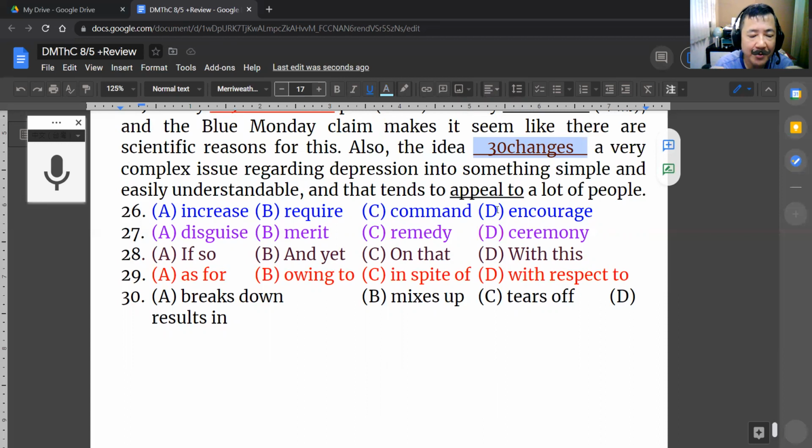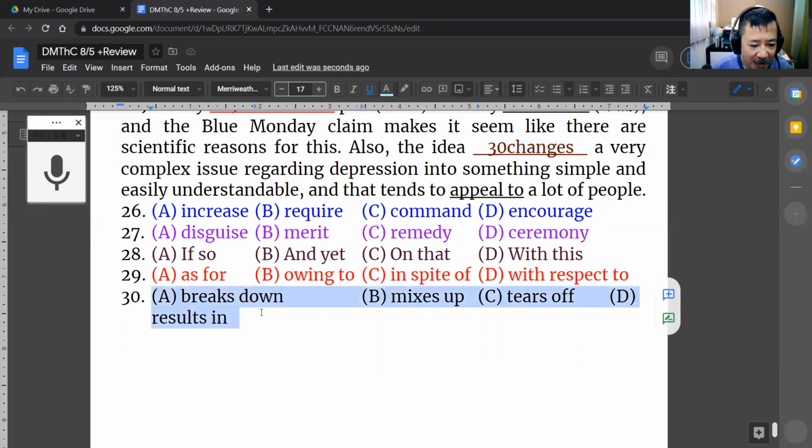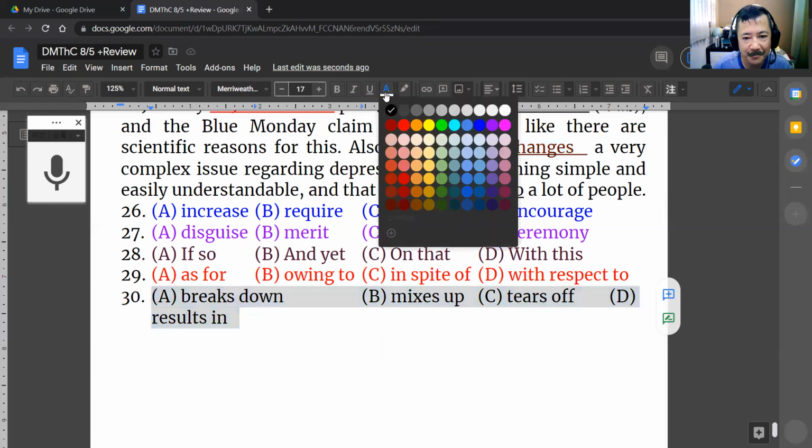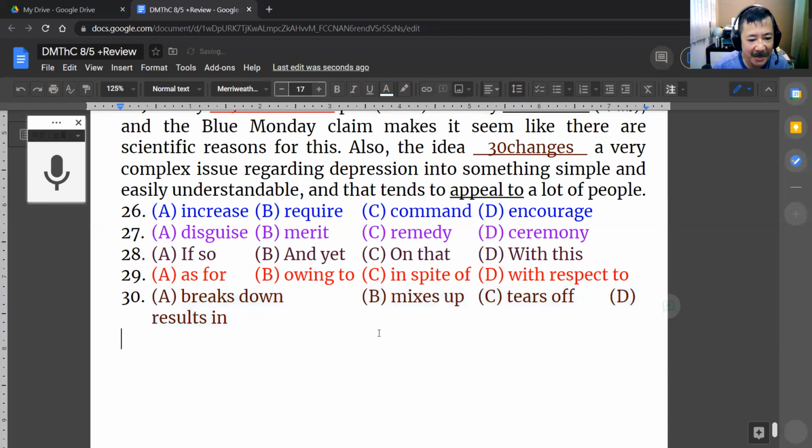So for example, water H2O is more 复杂 than H or O. So when you take water H2O and then 你把它 change into H 跟 O, 那个过程 you're changing from a higher thing to a lower thing. Okay? And what word do you use to say you change from a higher thing to a lower thing? Okay? And that is the answer.